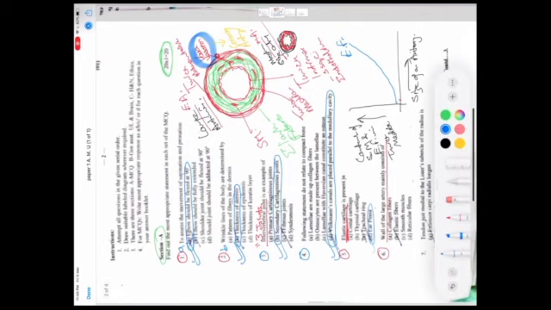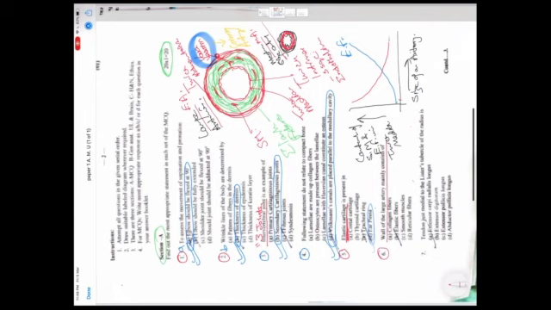And if they show a graph like this, what will it represent? Remember, this will be the smooth muscles. As the size of the artery increases, the content of smooth muscle in the tunica media decreases, and as the size of the artery decreases, the content of smooth muscle increases.